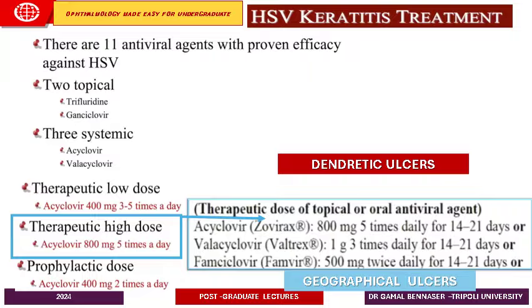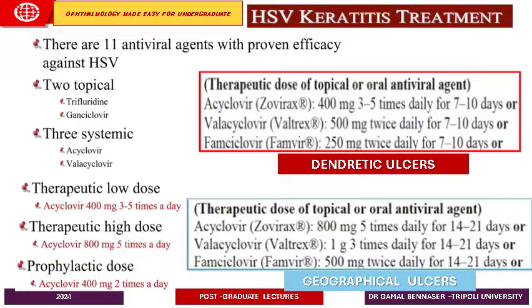And as I said, this is mainly kept for epithelial keratitis with a high virus load, like geographical ulcers, or it can also be used when there is herpes zoster keratitis. So these are the two main regimens used in the management of herpes simplex keratitis, for dendritic ulcers and for geographical ulcers. Now, in the next slides, we'll speak about the prophylactic dose that is used concurrently along with steroids for stromal non-necrotizing keratitis.